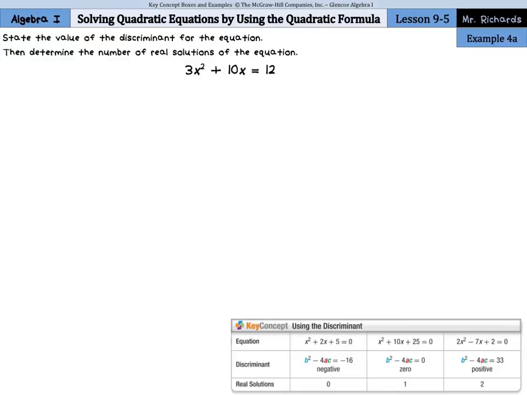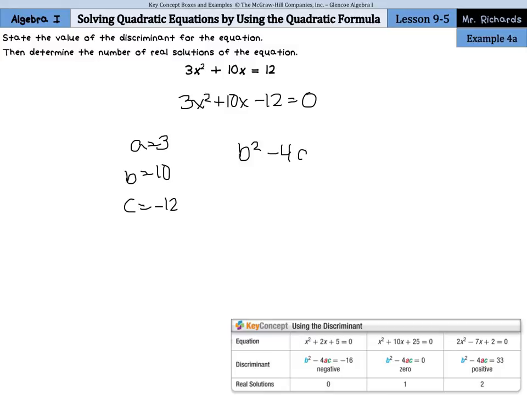So state the value of the discriminant for the equation, then determine the number of real solutions of the equation. Well, let's get this into standard form first. 3x squared plus 10x, subtract that 12, equals 0. So my a equals 3, my b equals 10, my c equals negative 12. And for the discriminant portion, that's all we need to worry about here, not the entire quadratic formula, just the discriminant. b squared minus 4ac.